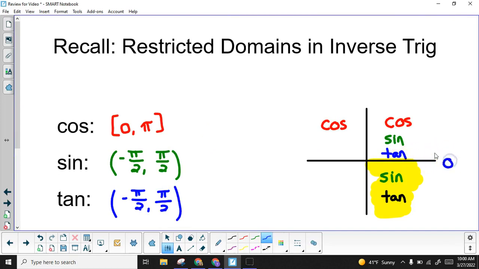This would be 0. This up here would go to positive pi over 2, and over here goes to pi, but down here we're expressing these as negative angles, so this would be negative pi over 2, and anything in this fourth quadrant would be expressed as a negative angle. So negative pi over 6, negative pi over 4, negative pi over 3, and negative pi over 2.